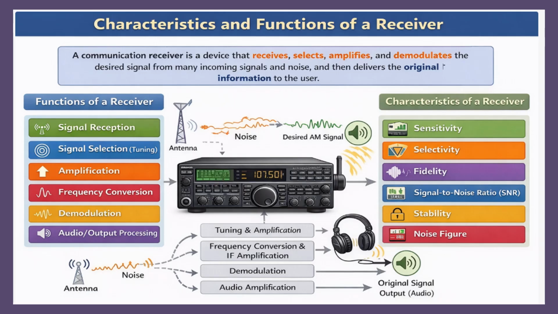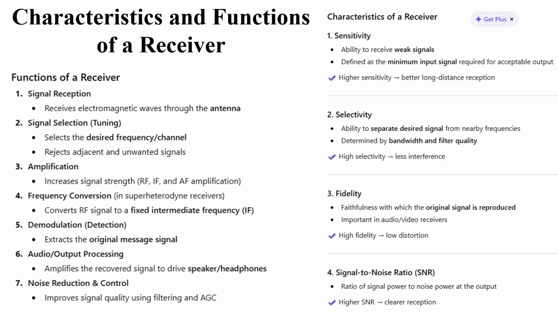Some more key points: for functions, signal reception, amplification and so on. For characteristics, sensitivity should be good. Selectivity is the ability to separate the desired signal from nearby frequencies. Fidelity is whether the original signal is reproduced faithfully or not. Signal to noise ratio is the signal power to the noise power, so a high SNR is always required.